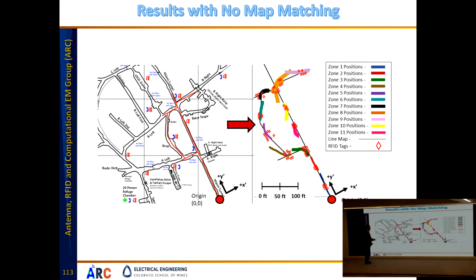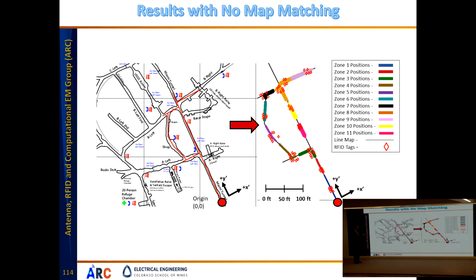When he used the IMU and RFID system, all these dots or traces are the positions predicted by the system. Knowing that we are in a mine, if we do map matching on this trace, the system is going to give you these positions. And you can see a perfect match on the mine trace as well. So that's basically how it was done at this time.